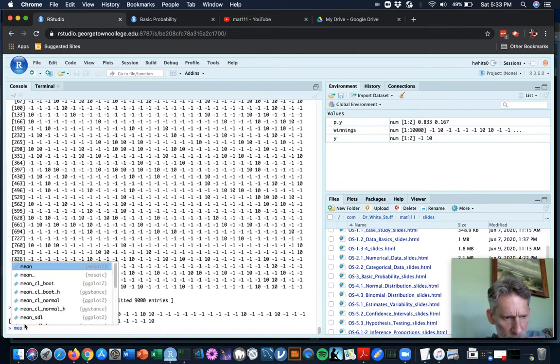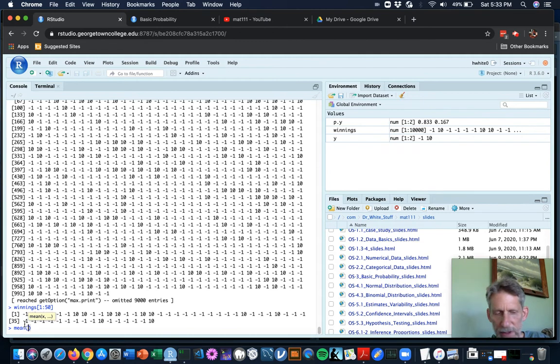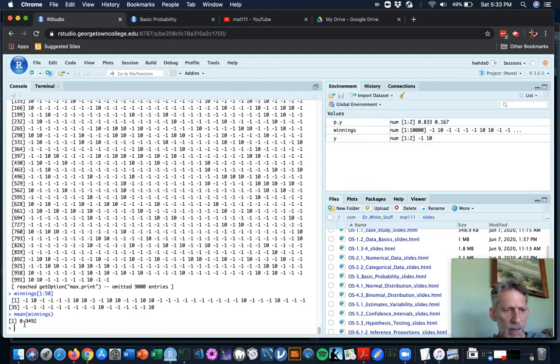Mean. Yep, code completion gives me mean. Winnings. Code completion found that. Run it. So I got 0.9492. Lots of tens, a whole lot more minus ones, 10,000 numbers in all, and they averaged up to a little bit less than 1 for me.